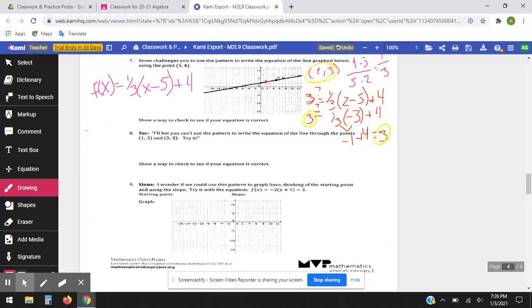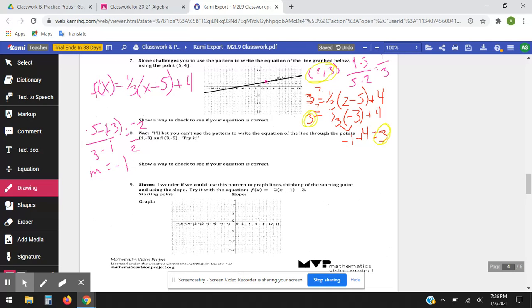Negative 5 minus 1, y's over x's, 3 minus negative 1. So negative 5 minus 1 is negative 6, over 3 minus negative 1 is 4.